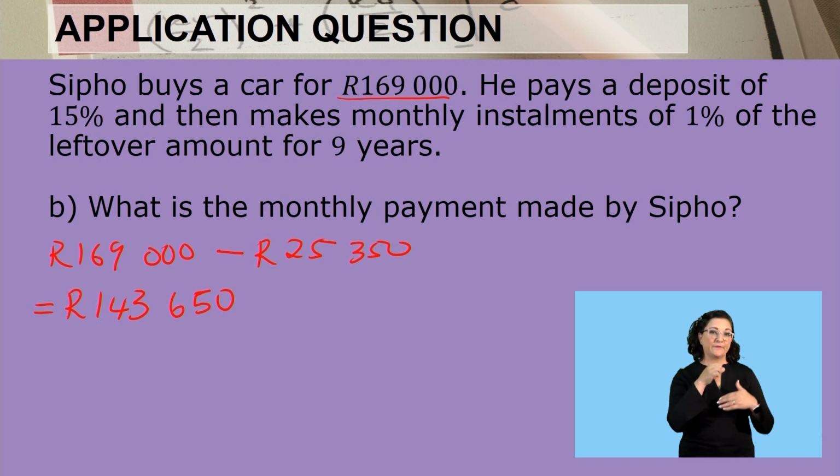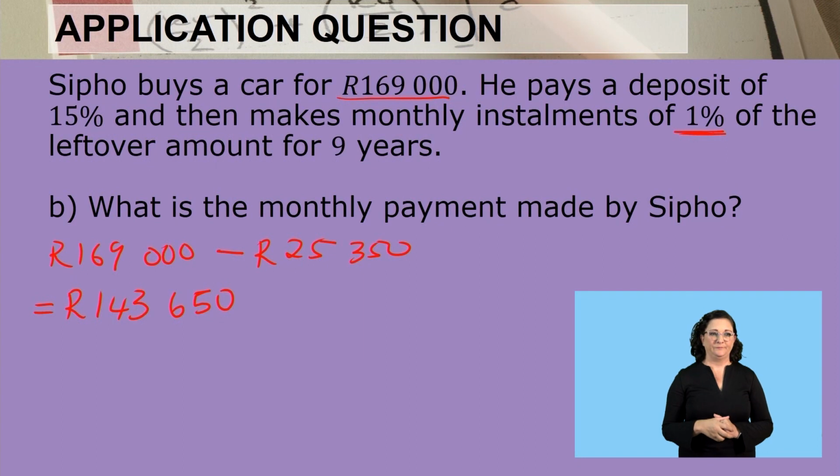Now, let's note this. Each installment is actually 1% of this amount that's left. So we are definitely supposed to find a percent of 143,650. We know a percent is out of 100, and of is multiply by 143,650. In reality, we're just dividing 143,650 by 100.